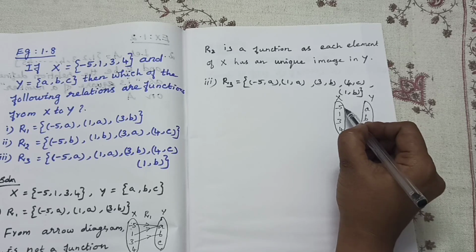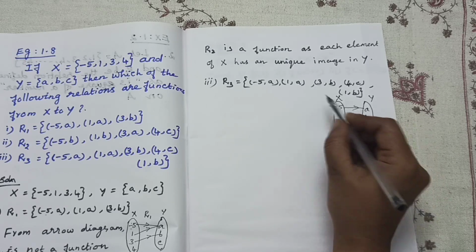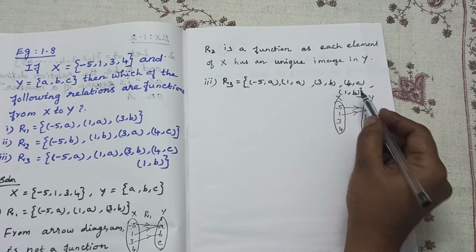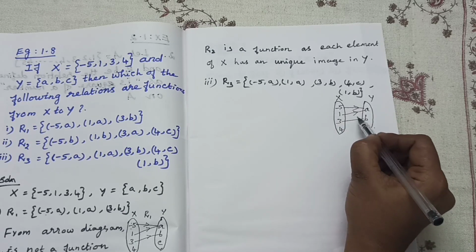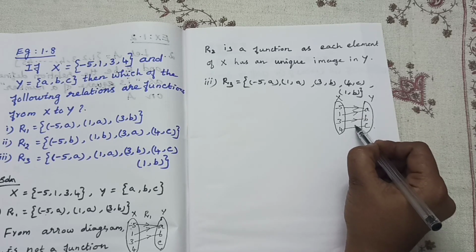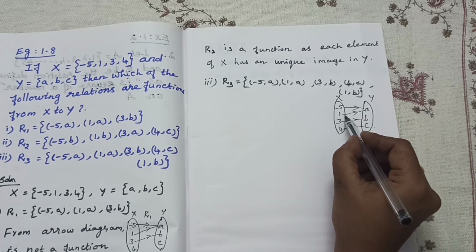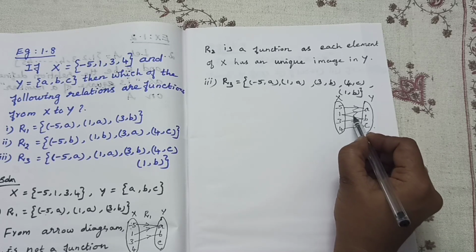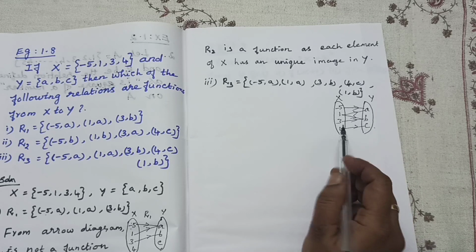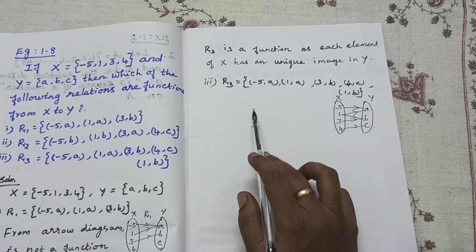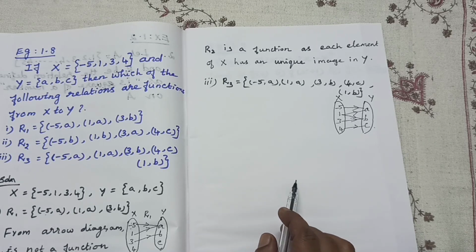Minus 5 and A. 1 and A. 3 and B, isn't it? 4 and C. Again 1 and B, isn't it? Now you check, is it a function? Is R3 a function?